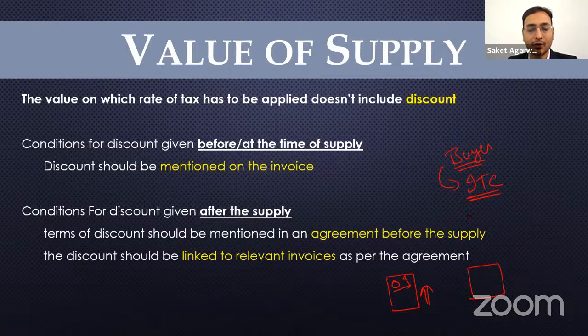After 1 month or 2 months, whenever it may be, now we are giving discount. What is the effect of giving discount? My original GST value, which I have paid, it is coming down. My liability to pay GST is coming down. At the same time, my buyer's input tax credit is also coming down. Correct? My original tax payable is coming down as a seller. It also means the original input tax credit of the buyer is also coming down.